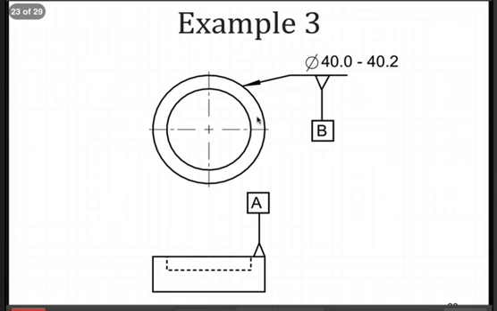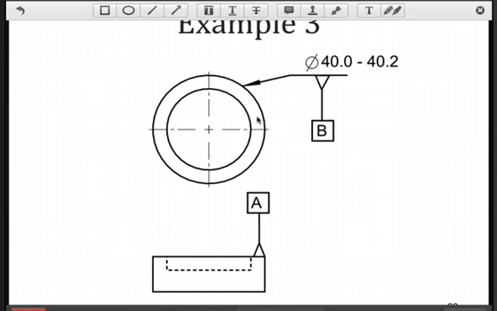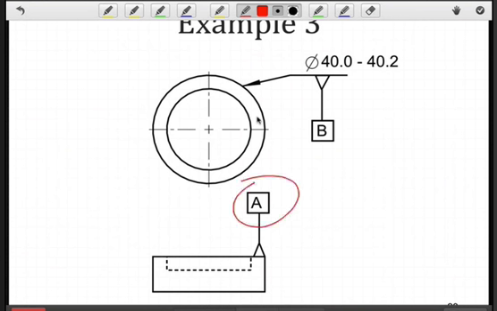In our next example, clearly we have two datums, A, B. Note that B is attached to this leader, and you can also look at the information here because that will give you a slight hint. We have a diameter symbol, which means we're talking about this outer wall of our part, and it has a diameter in that range.